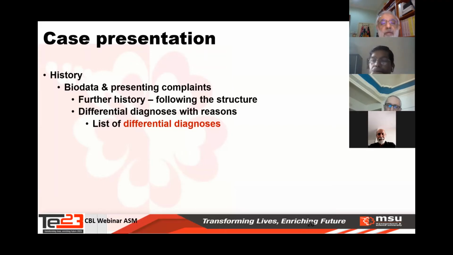And if a question is different or appears not really relevant, we can ask the student to explain the reason why they are asking the question.